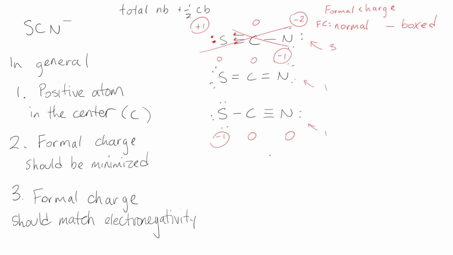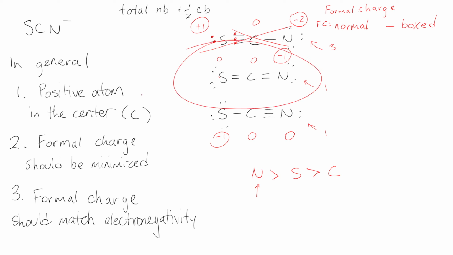All right. So how do we determine between these two? Well, that's going to be number 3. Formal charge should match the electronegativity. We know that nitrogen is more electronegative than sulfur, and sulfur is more electronegative than carbon. So let's place the formal charge, the minus charge, on the nitrogen.